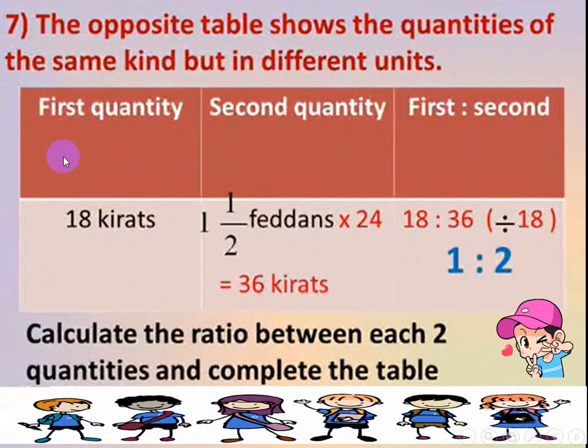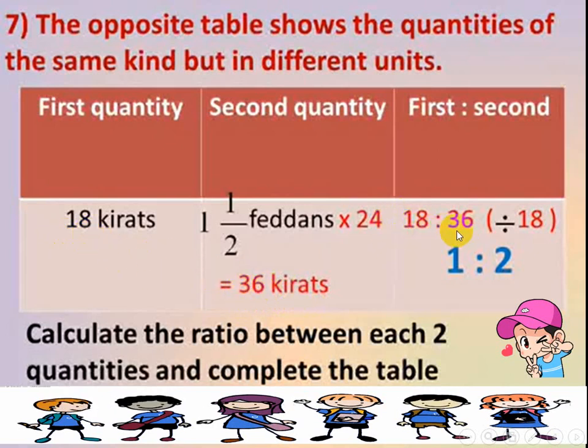The next question. First quantity 18 carats. Second quantity 1.5 faddans. Now I convert the faddans, of course. 1.5 faddans. You know 1 faddan equals 24 carats. So 1.5 times 24 will be 36. So the ratio will be 18 to 36.